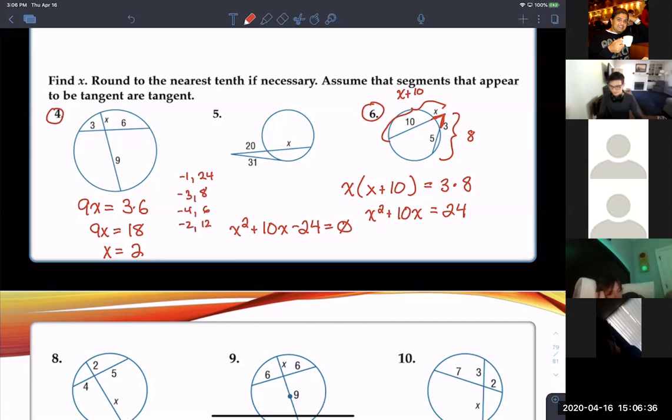Okay. So if you add them, you get 23, 5, 2, and 10. So the one that we're going to use is the last one, because they multiply to give me -24, and they add to give me 10.